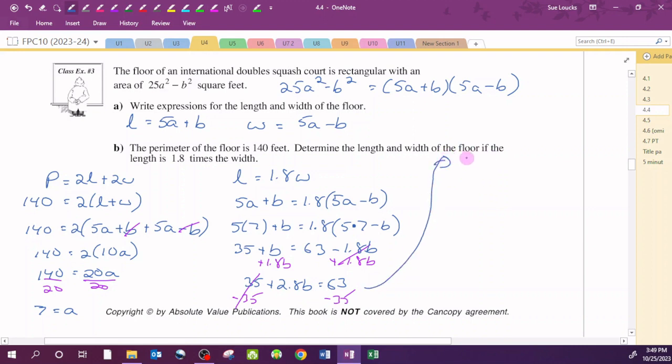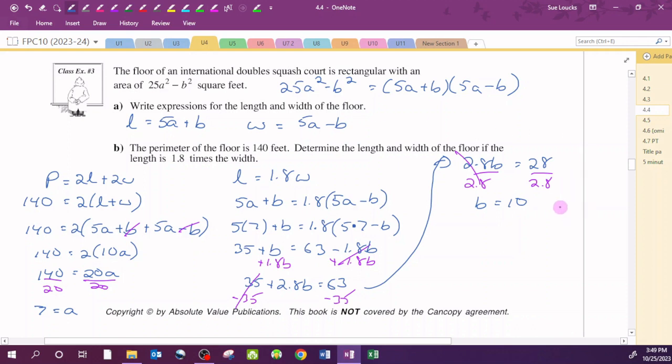Oops, that's supposed to be an arrow. 2.8b equals 28. So divide by 10, divide by 10. Sorry, I got the answer in my head. I'm going to divide by 2.8. And b equals 10.